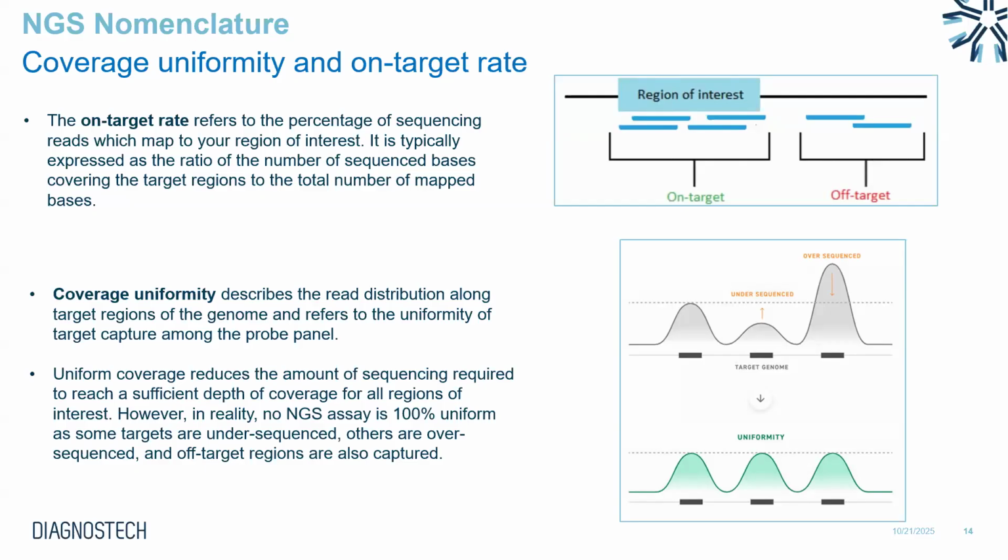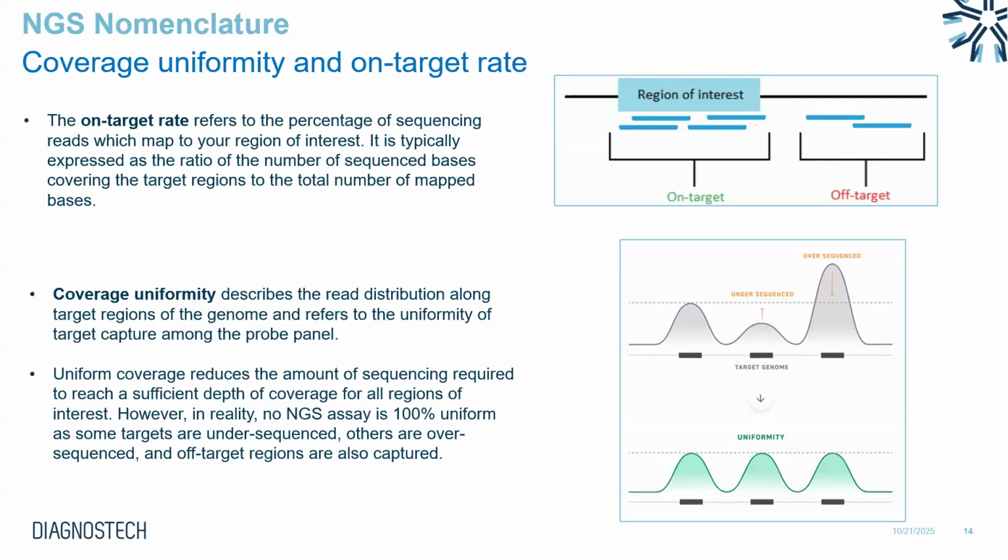Then we have coverage uniformity, which describes the read distribution along the target regions of the genome and refers to the uniformity of the target capture among the probe panel. It's hard to get 100% uniform depth of coverage, as certain regions, such as those with high GC content, can be difficult to capture and amplify.